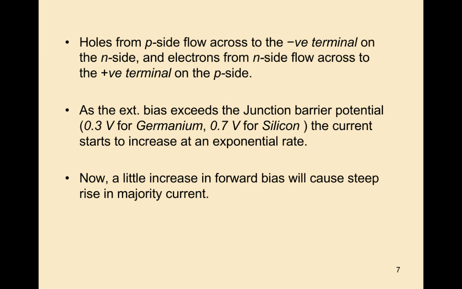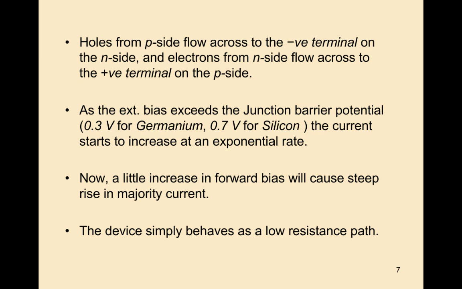By small changes in battery voltage, there is a huge increase in the majority current. So the device simply behaves as a low resistance, because the current is maximum and the resistance in the diode is low. That's why this behaves like a low resistance path.